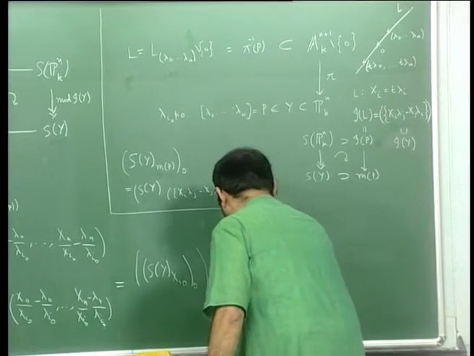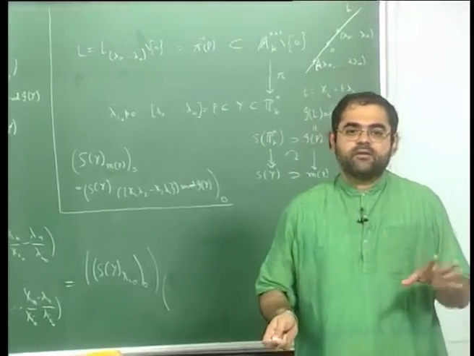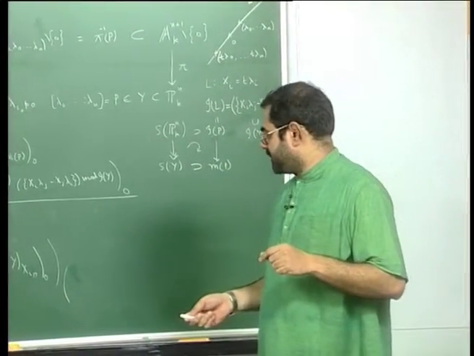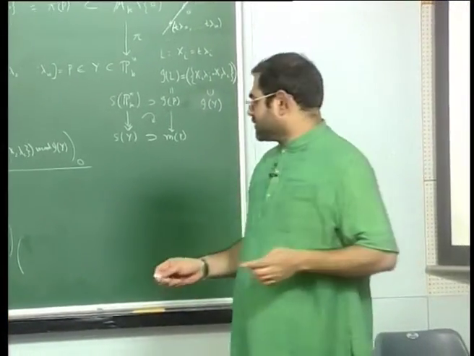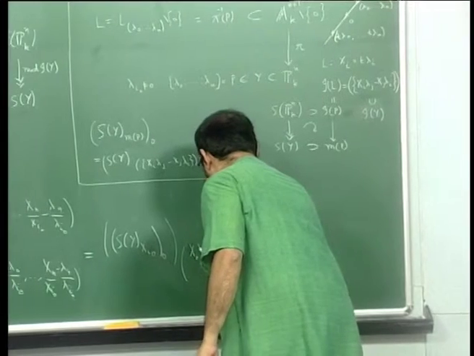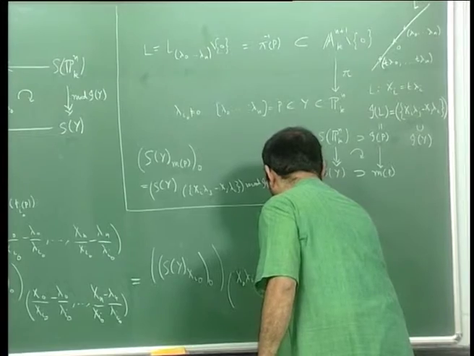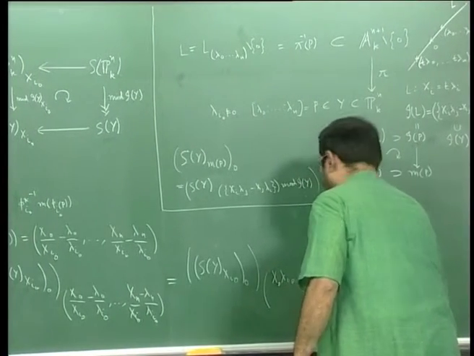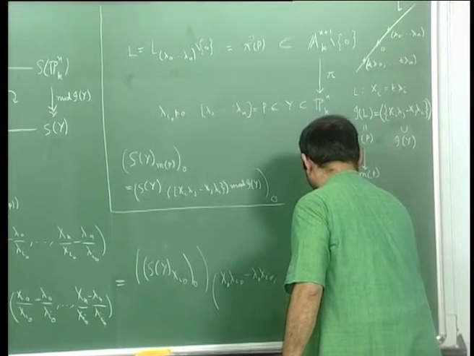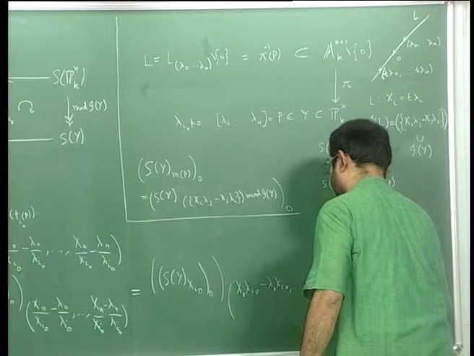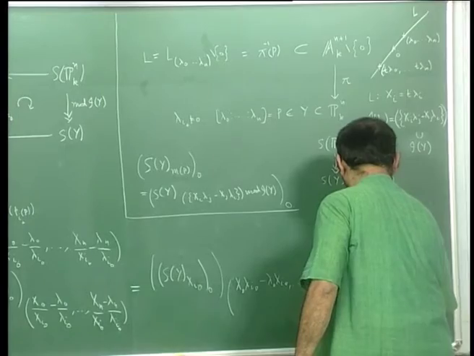In fact I can also multiply by lambda I naught because lambda I naught is also a non-zero element, so I multiply throughout by lambda I naught xi naught. So what I will get is x naught lambda I naught minus lambda naught xi naught and so on, and then xn lambda I naught minus lambda n xi naught. I will get this.